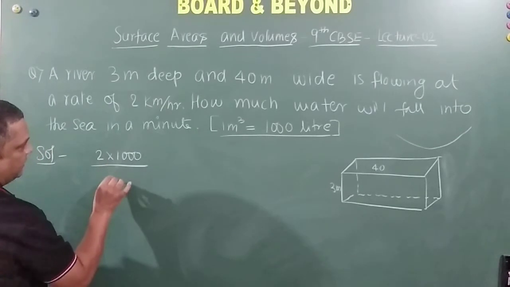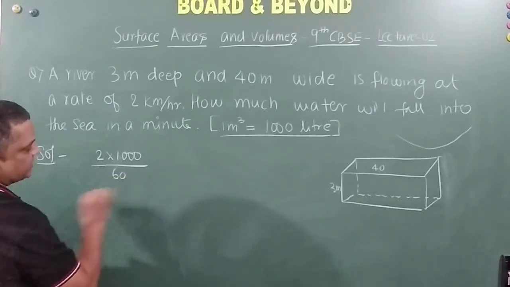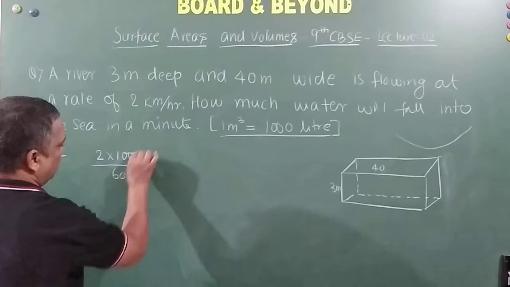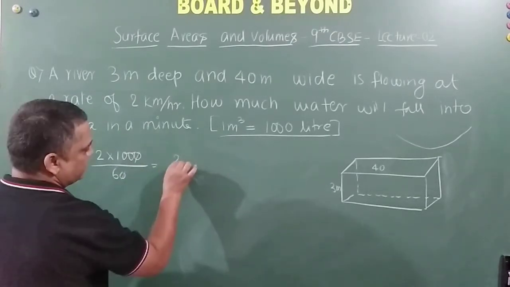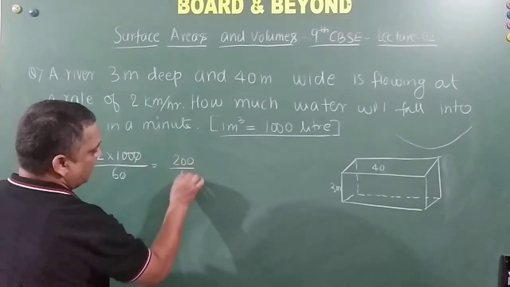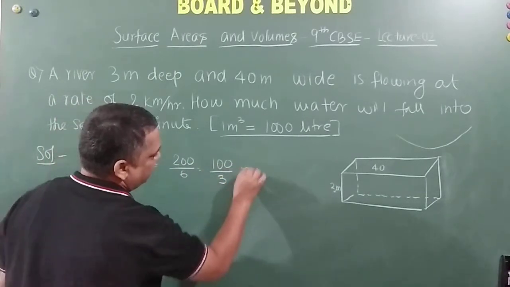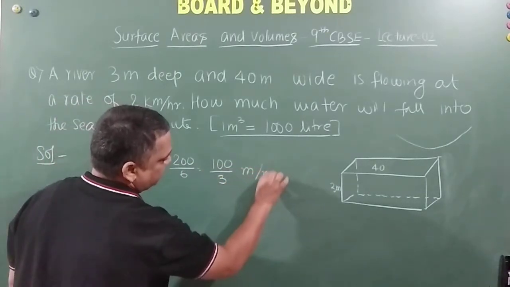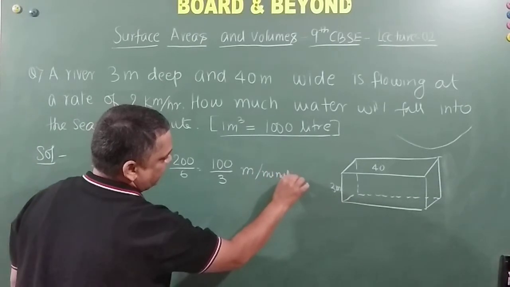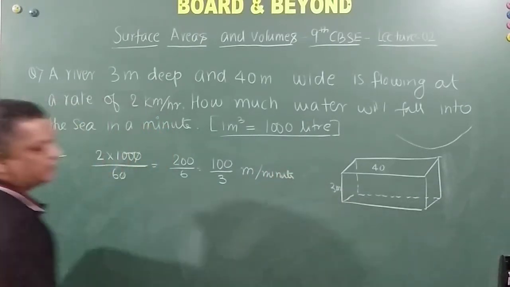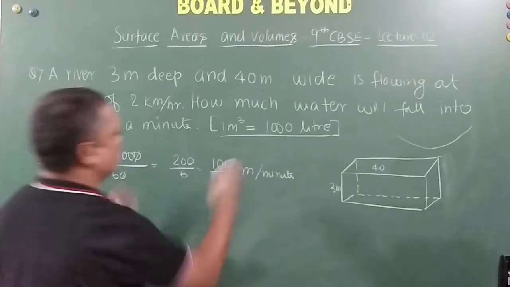Now hour we will divide it by 60. So that will be 200 by 6, or equal to 100 by 3, 100 by 3 meter per minute. You got it? Now I have converted the units.